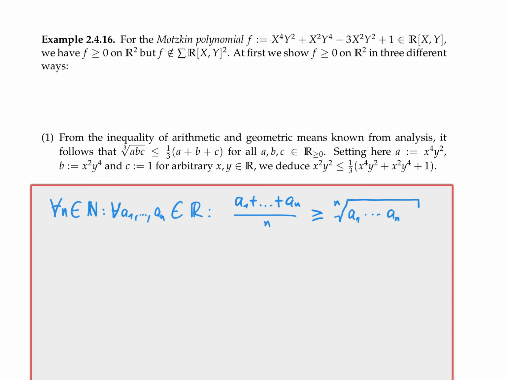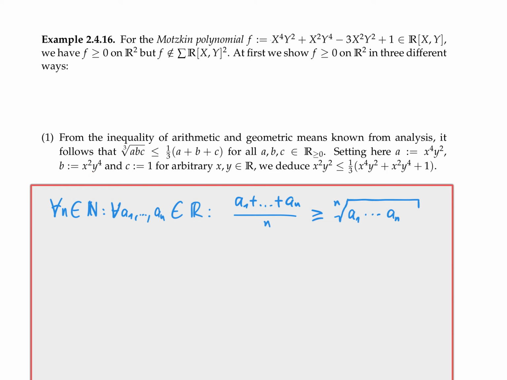So from this, for all a, b, c non-negative, the arithmetic mean is greater than or equal to the geometric mean. I can apply this if I take x and y in R, with a equal to x^4 y^2, b equal to x^2 y^4, and c equal to 1.